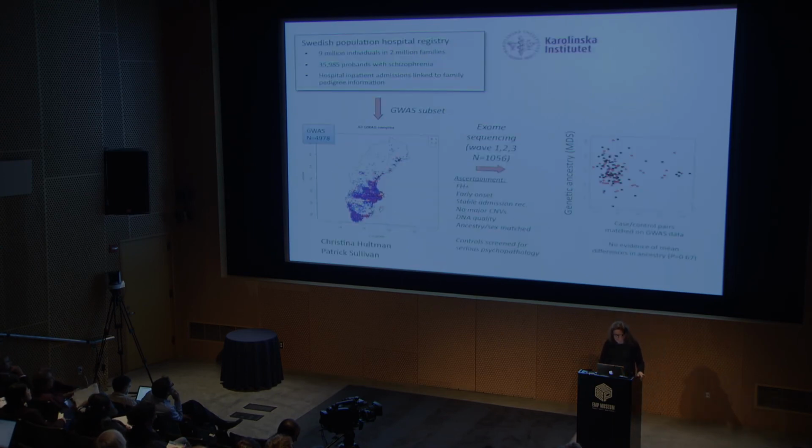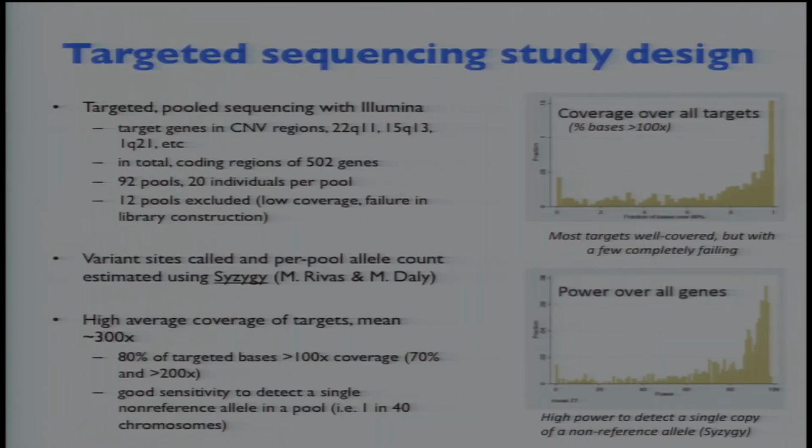We have a wonderful collaboration with Christina Holtman and Patrick Sullivan, in which we have a great deal of information at both epidemiological and otherwise on 35,000 probands with schizophrenia, of which we've now collected 5,000 cases and 7,500 controls. We've been obtaining both common variant information, so they've been GWASed, and now we've completed the first couple of waves of exome sequencing as well as a targeted study.